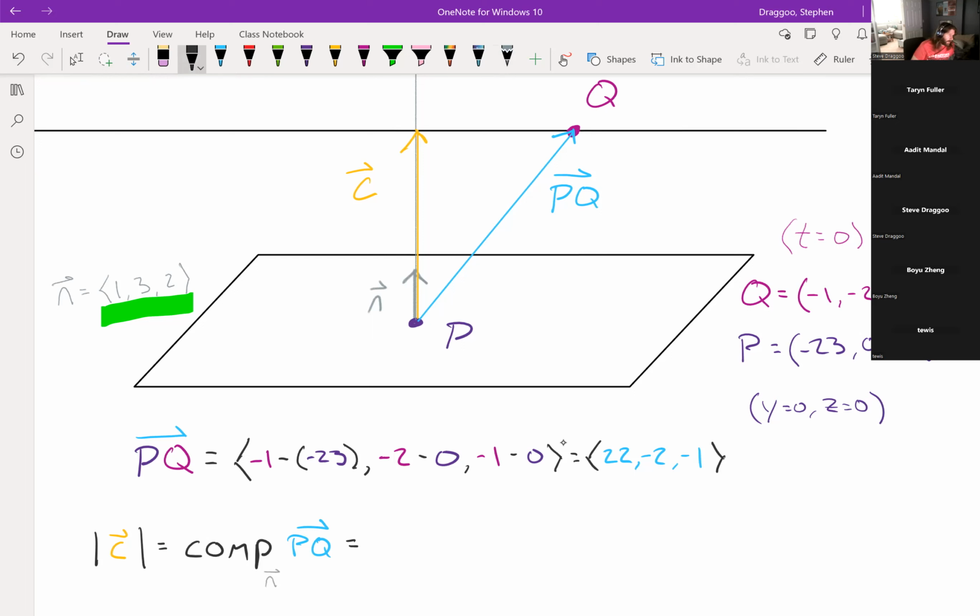which we know is the dot product of our 2 vectors divided by the magnitude of the direction we want to be going in.